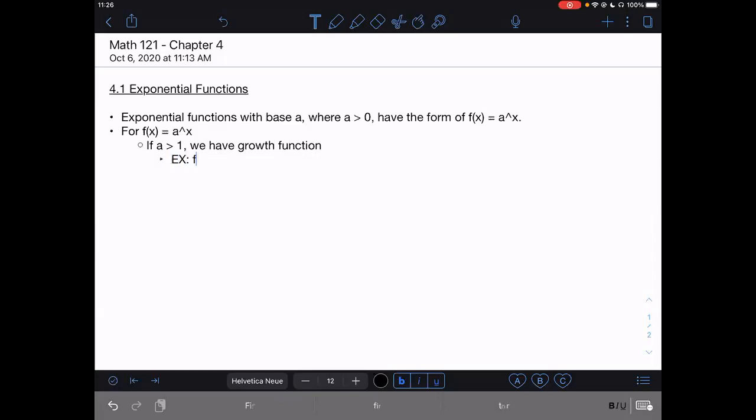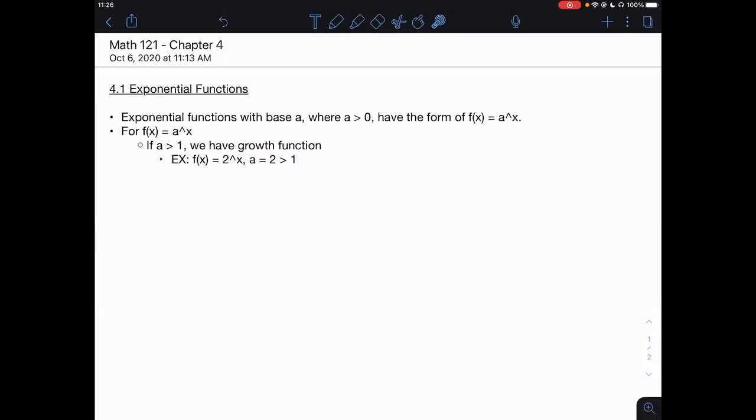Say, for example, f of x equals 2 to the x, or 2 raised to the power of x. Here our base is 2, which is greater than 1, meaning if we were to graph this function of 2 to the x, we will have what's known as a growth function, an upwards curving function.